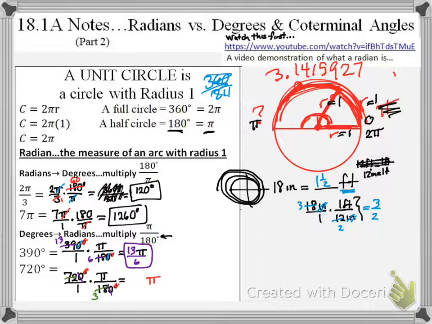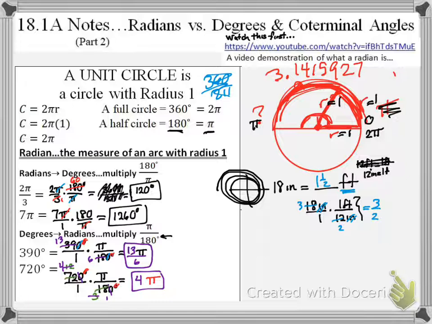If you know your 12 times tables, 6 goes in there 12 times. I still have 12 and 3, so I think I'm going to reduce it just a little bit more. And say 3 goes in here once, 3 goes in there 4 times, end up with 4 pi.